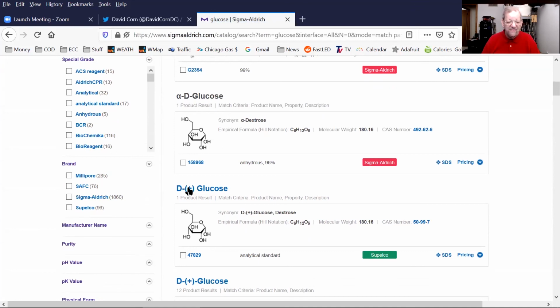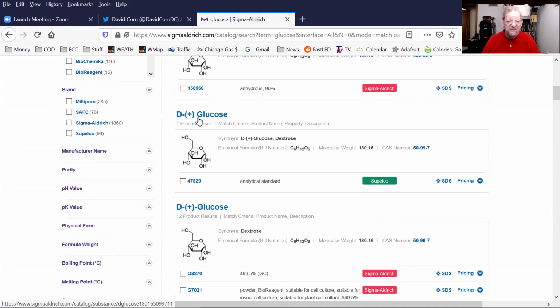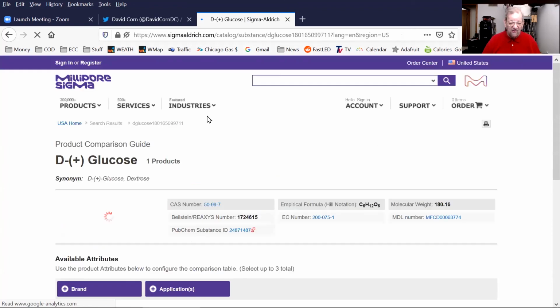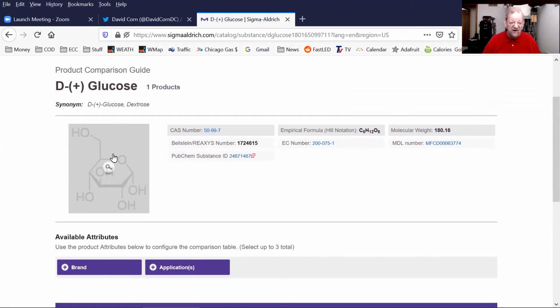And let's go to this one, D plus glucose. And this tells you the hydroxyl group on that carbon is that enantiomer or that isomer, D glucose. Here's another way of writing it. I'll teach you later today or on Wednesday.